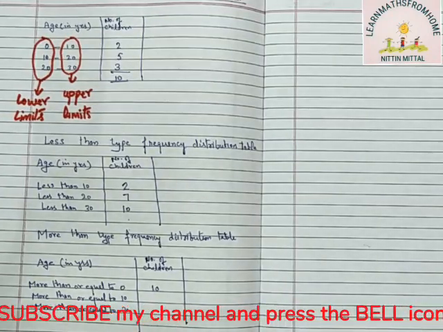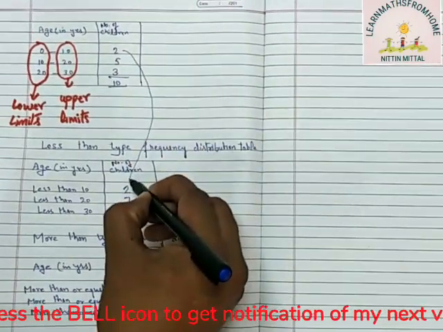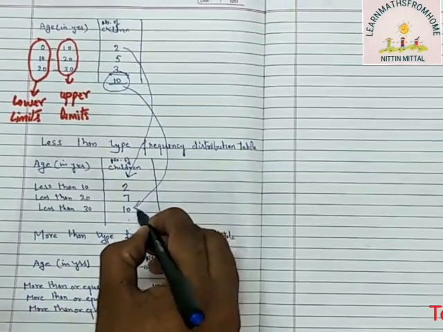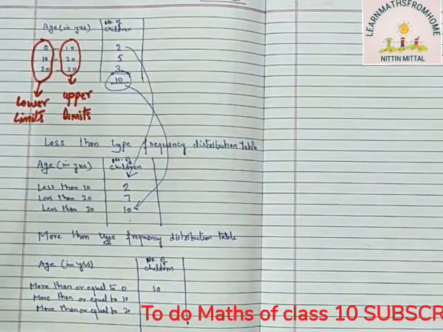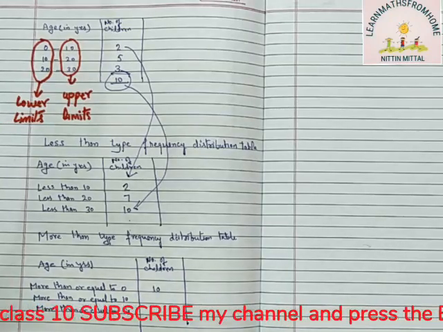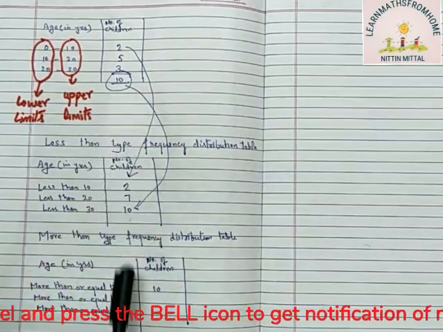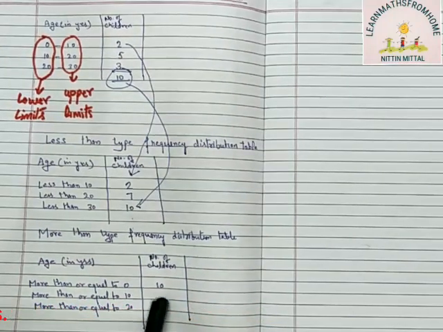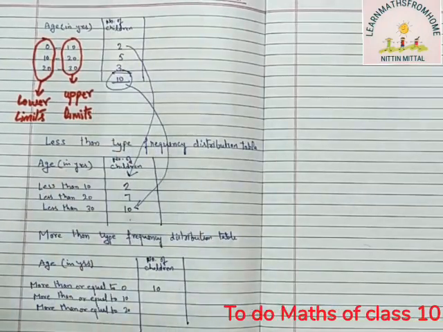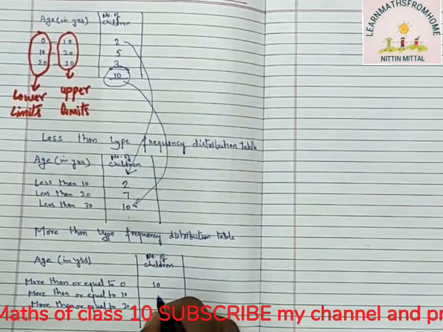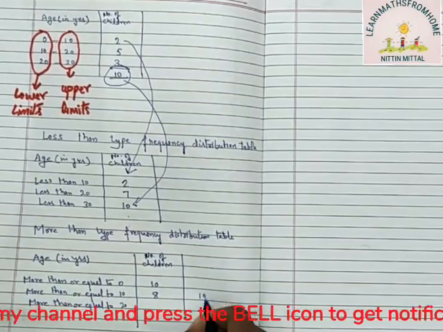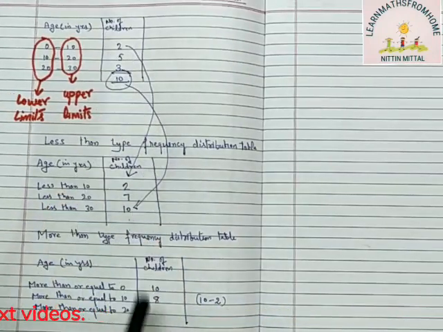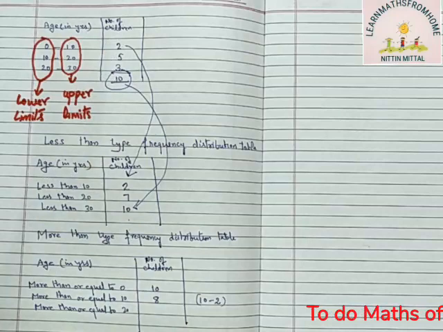In less than type, we have started the first frequency same and last will be shown as sum of frequencies, right? But in more than type, we have to start with the sum, that is 10, and in next value we will subtract the first frequency out of it. So 10 minus 2, 8. Let me write here to show you. 10 minus 2, right? So we will subtract the frequencies out of the total.